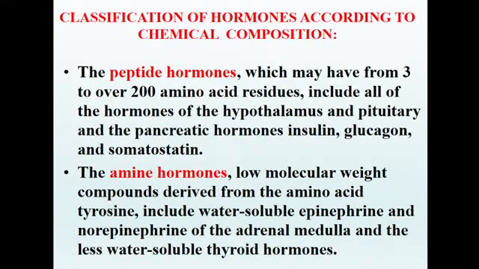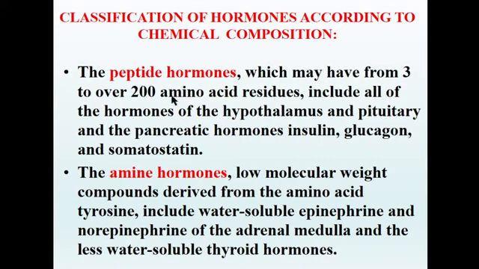The peptide hormones we can divide into some groups. First, peptide hormones may have from 3 to above 200 amino acid residues. For example, all hormones of the hypothalamus and pituitary and pancreatic hormones like glucagon are peptide hormones.